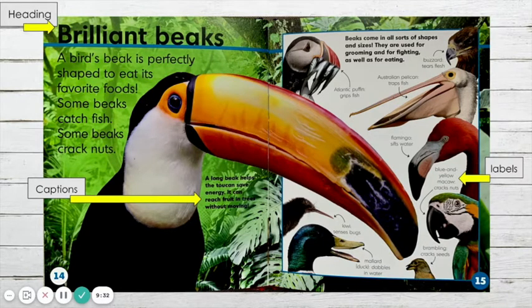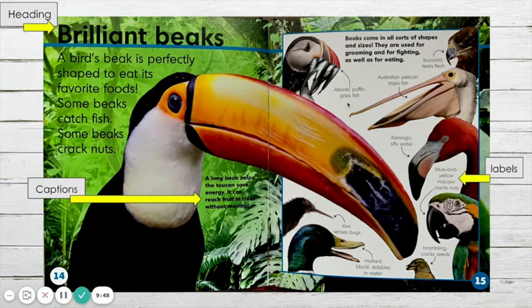That's right. I think the photographs are showing us that these birds all have beaks, and that their beaks do a specific job. And our heading says the word beaks in it, doesn't it?